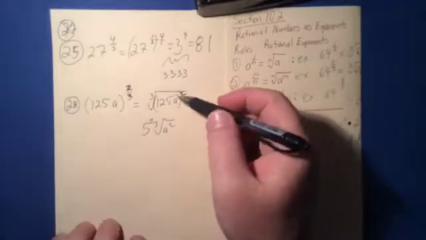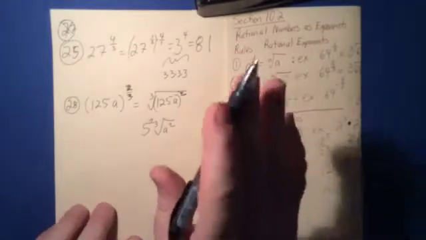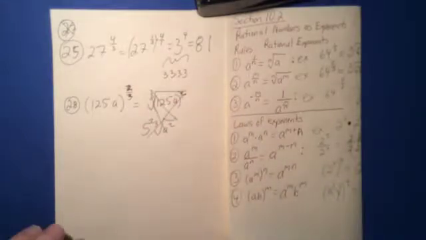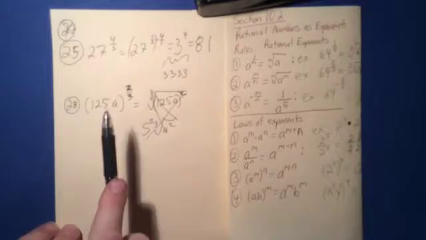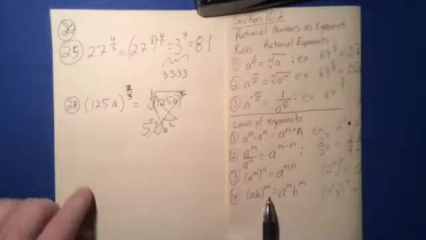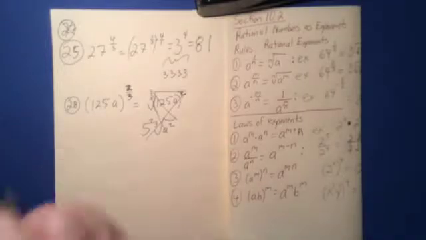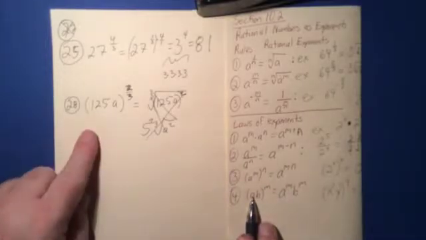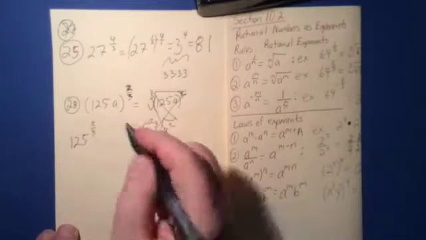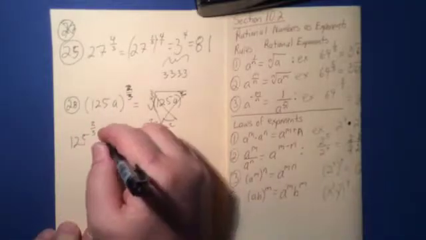I think I'll just try to start this one again and explain it a little better. Here's one thing we can do. I'm going to take advantage of not only this property here, but also this property here. What I'm going to do is distribute the 2/3 to 125, and I'm also going to distribute the 2/3 to a.